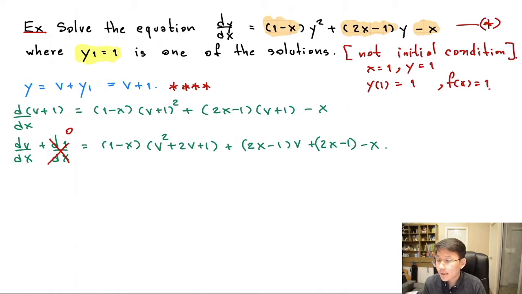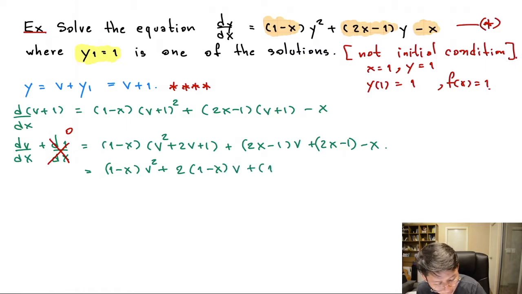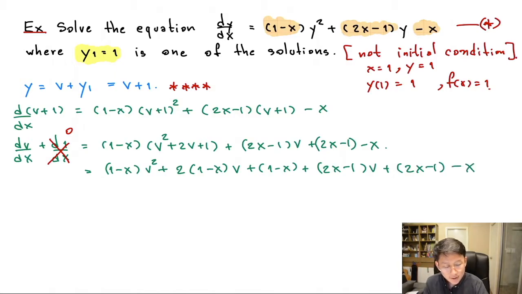So what we have next is (1 minus x)v squared plus 2(1 minus x)v plus (1 minus x) plus (2x minus 1)v plus 2x minus 1 minus x. Basically I just distribute this guy here. Then I look at the terms with v.